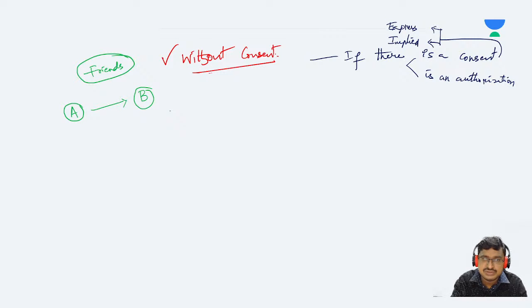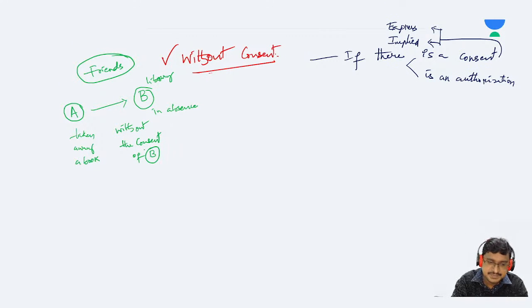In the absence of Mr. B, Mr. A has taken away a book from his library, without the consent of Mr. B. Here there is no express consent from Mr. B, friends.